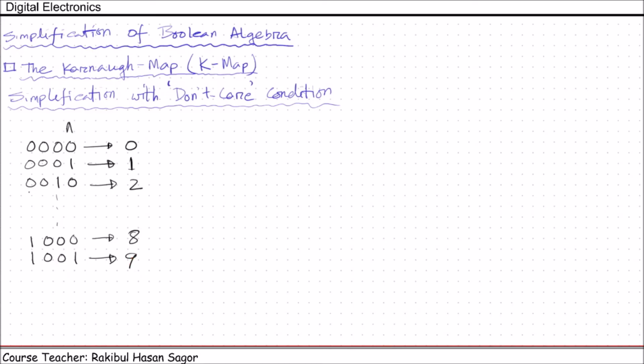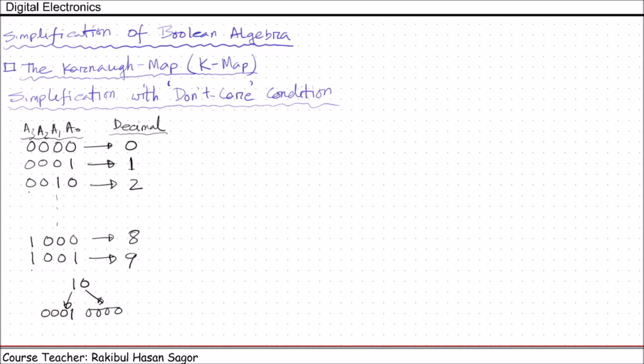Now, if we have four inputs, A0, A1, A2, A3, using 4 bits I can have 16 combinations, but for representing these decimal numbers we will have up to the combination 1001. Now, if we want to represent 10, how can we represent 10? So we'll write 10 here. 0 is represented by 0, 0, 0, 0, and 1 is represented by 0, 0, 0, 1.